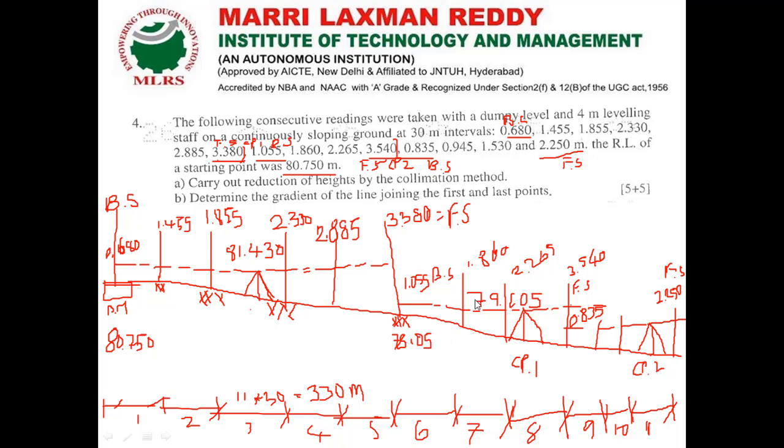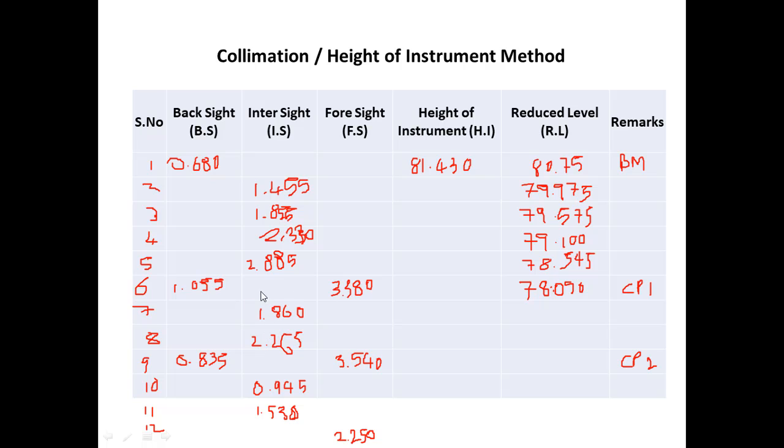Hereafter, how do we have to calculate our RL? So 79.105 minus 1.860, 79.105 minus 2.265, likewise. 78.050 plus 1.055 gives 79.105.